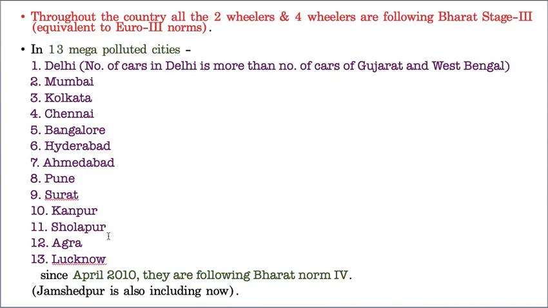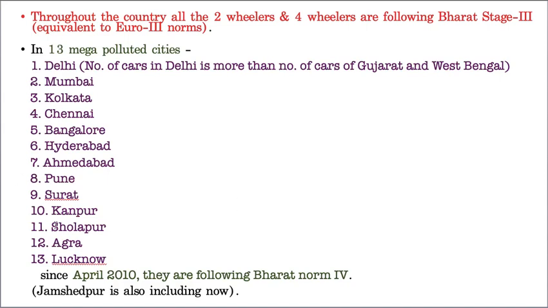In these, the vehicles are very many. That's why the government entered a situation where they couldn't handle it. That's why in these 13 cities they upgraded Bharat Stage 3 to Bharat Stage 4.